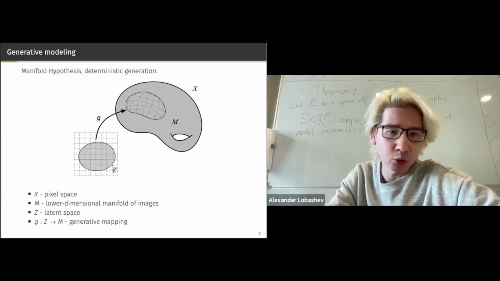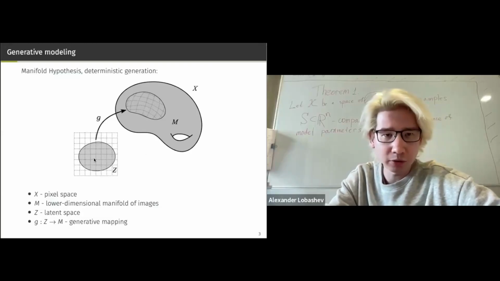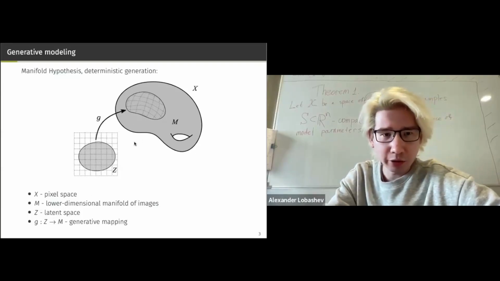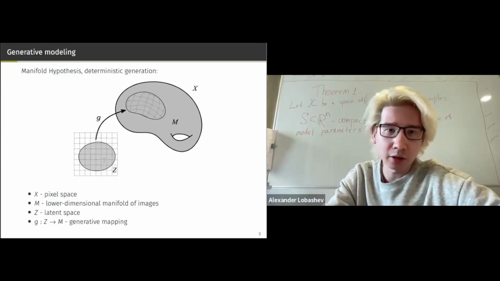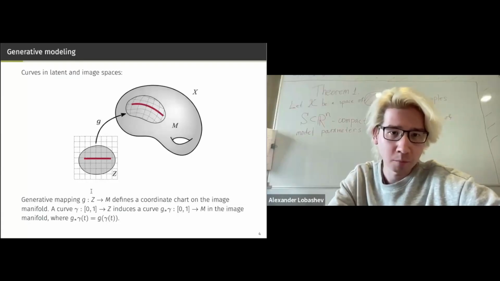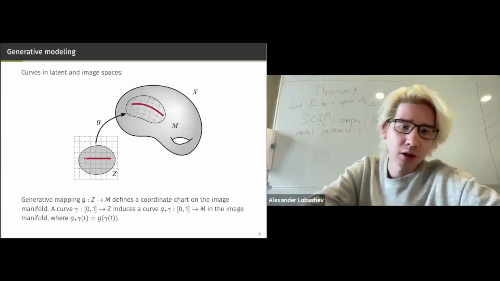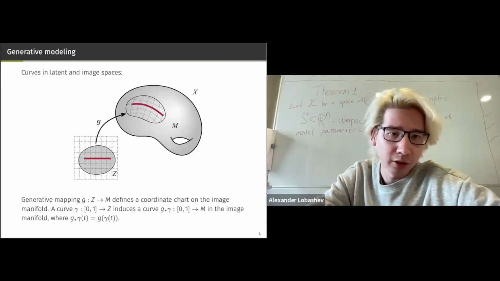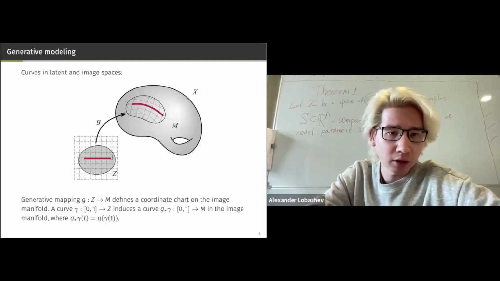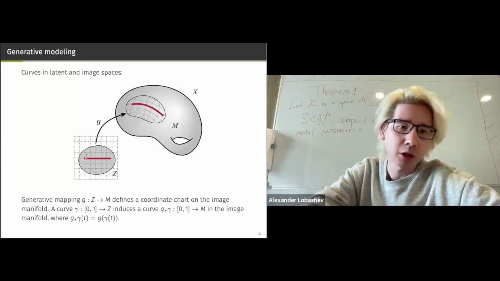For example, we could take two images generated by two points in a latent space, and create an interpolation. This interpolation in the space Z will give us some curve in the space of images. So here we have one sample from a Gaussian and a second sample from a Gaussian.